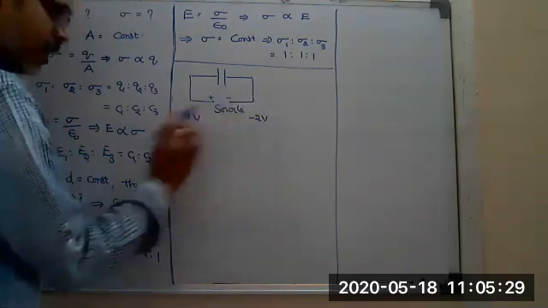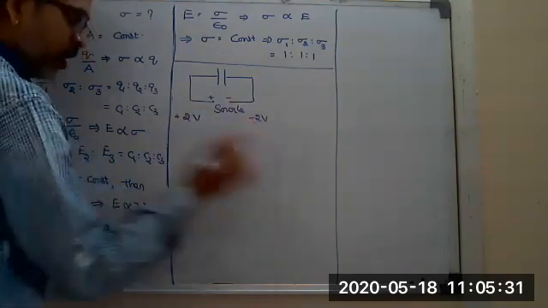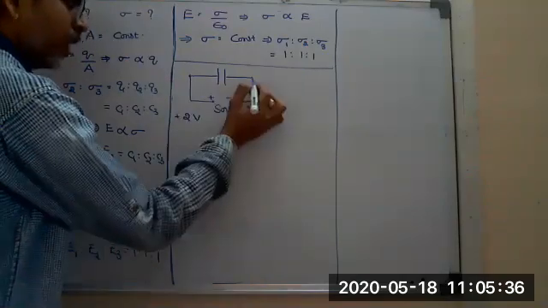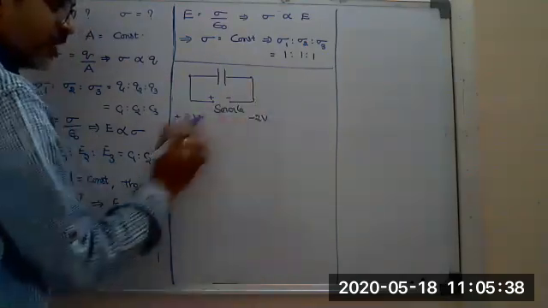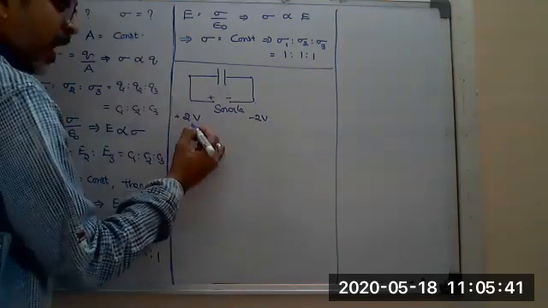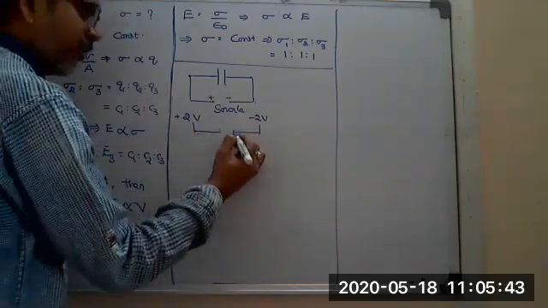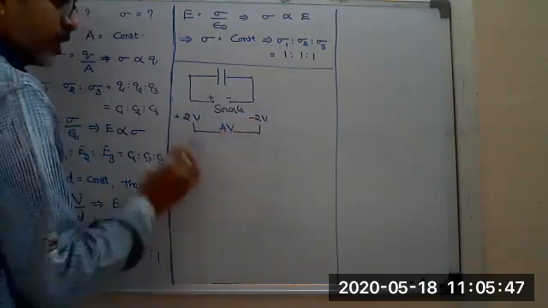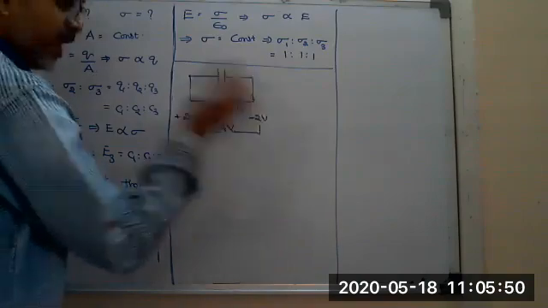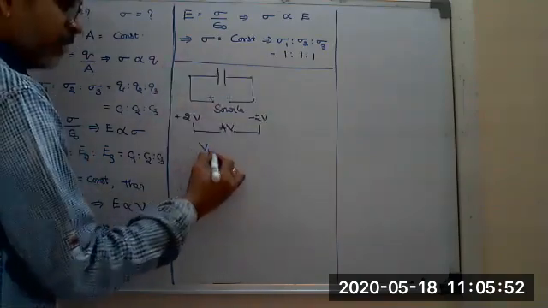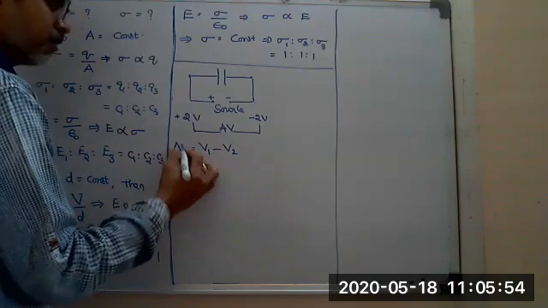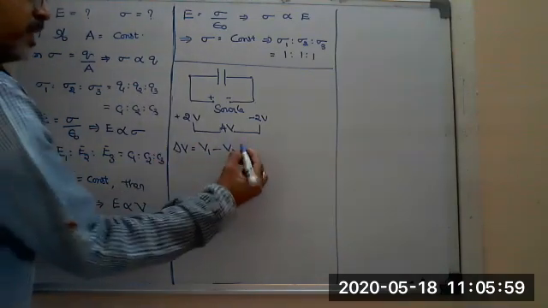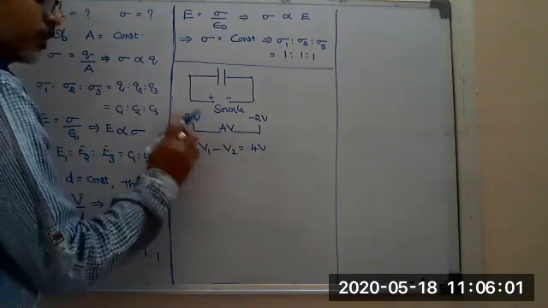These two ends are not at the same potential, and the potential difference will be 2 minus of minus 2, which is 4 volts. Potential difference means V1 minus V2.